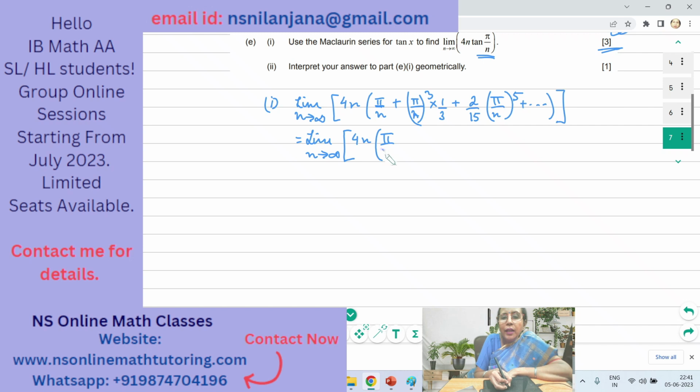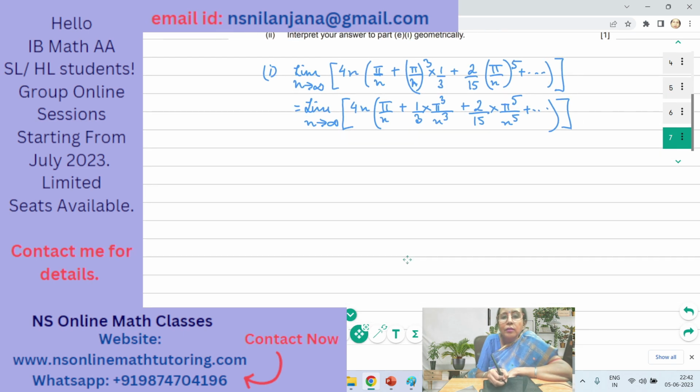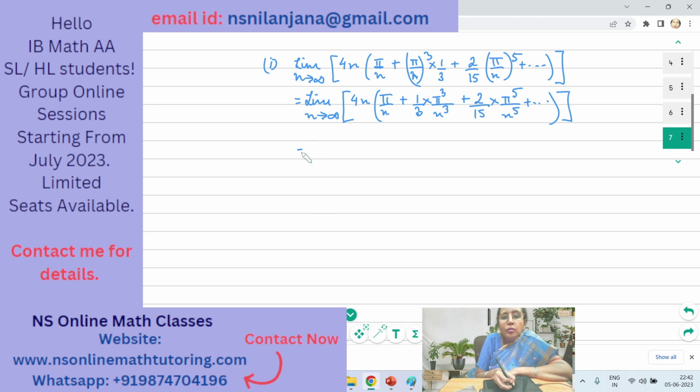This is pi over n plus 1 over 3 times pi to the power of 3 over n to the power of 3 plus 2 over 15 times pi to the power of 5 over n to the power of 5 plus dot dot dot, equal to limit n tends to infinity.